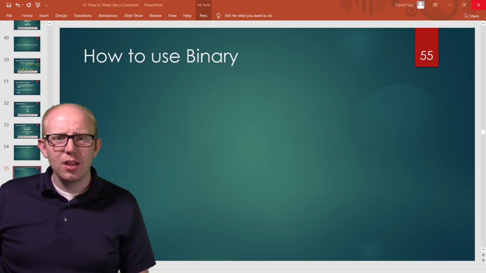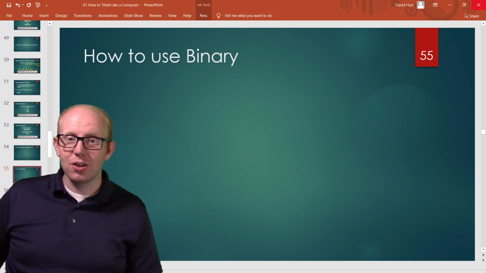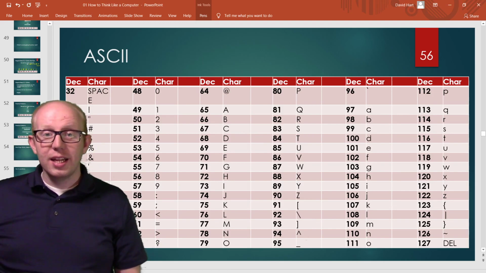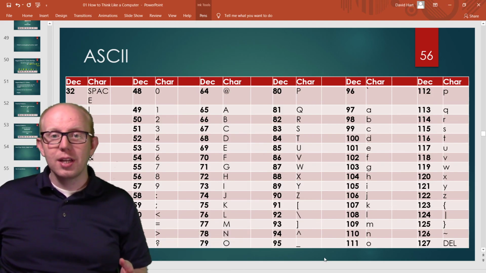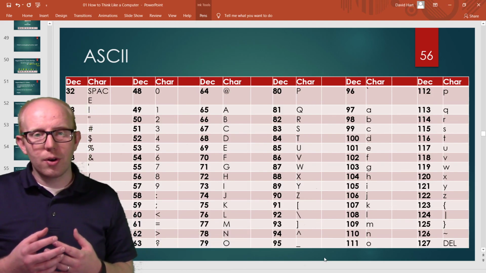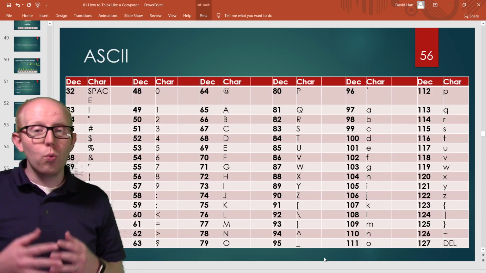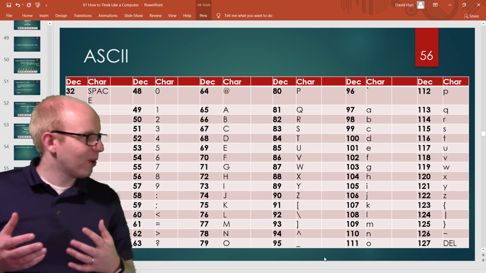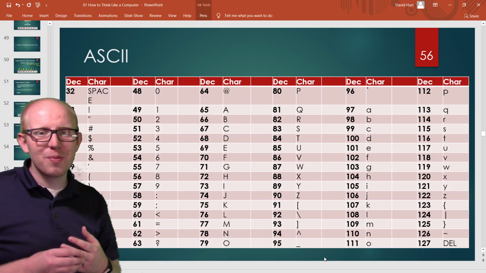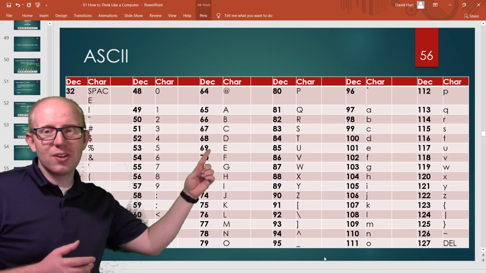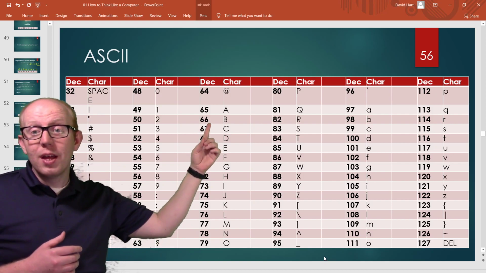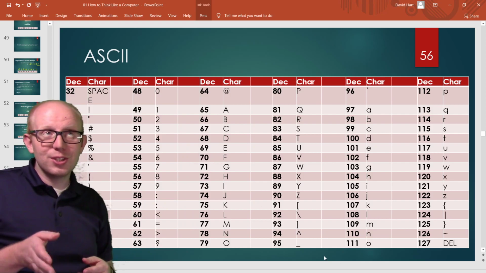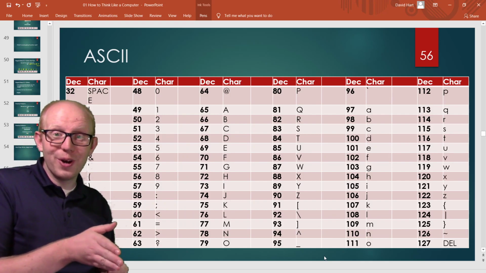Okay. The first example I want to show you is called ASCII. What ASCII is, it associates every character on your keyboard with a specific binary number. Okay, so I apologize, I'm covering part of the table here, but the most important ones are over here, actually. So, for example, the number 65 in binary is 1000001, I believe.